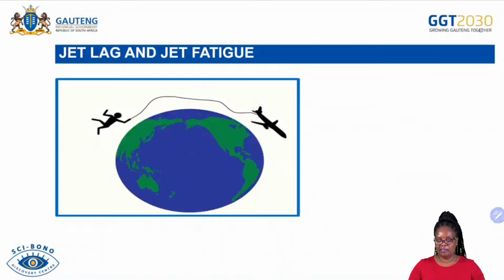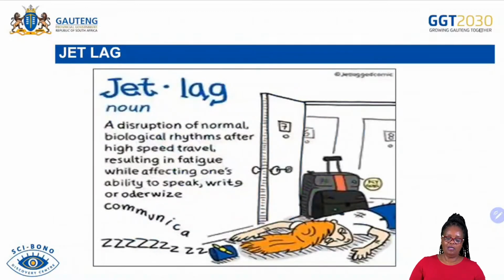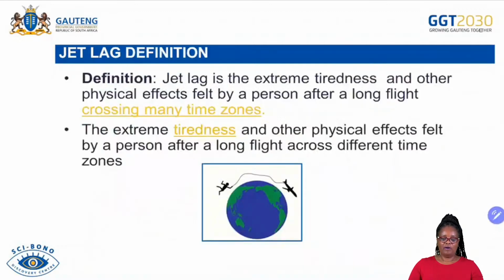It will depend on how long you have been in your flight or how many time zones you have crossed for you to experience one of these. So this is jet lag. You can see the person is so tired. It is disruption of a normal biological rhythm after high speed travel. So now I want us to look at the jet lag definition.